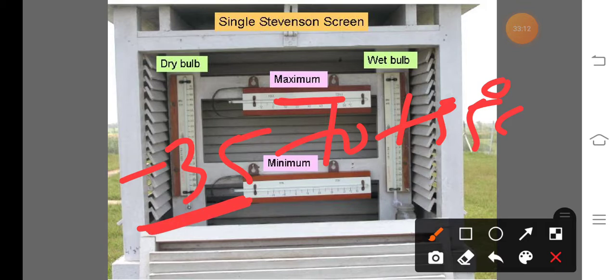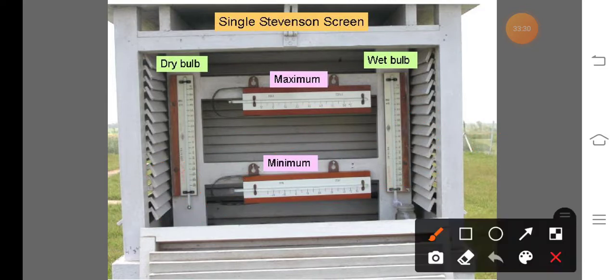By using mercury, the maximum temperature is recorded by the maximum thermometer.